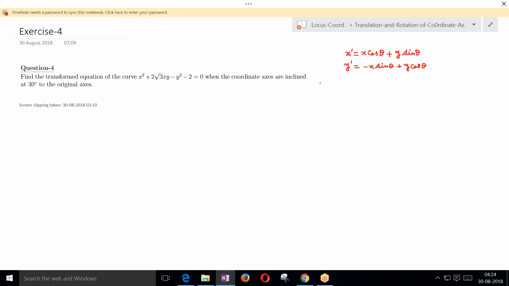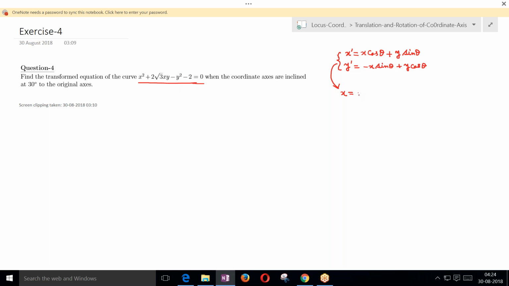Now what is theta here? By the way, before that, it is better to transform x, y in terms of x dash, y dash, because then we can apply it in this equation. So what is x then?